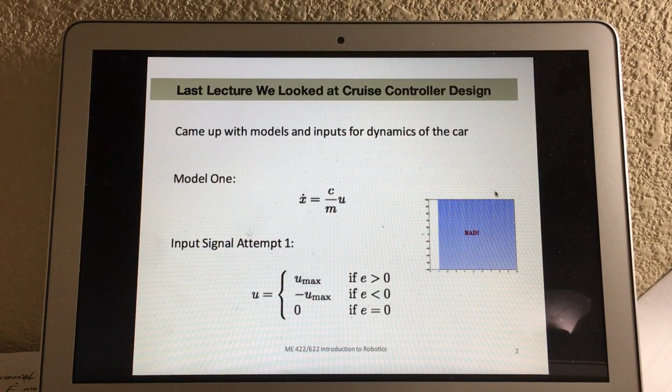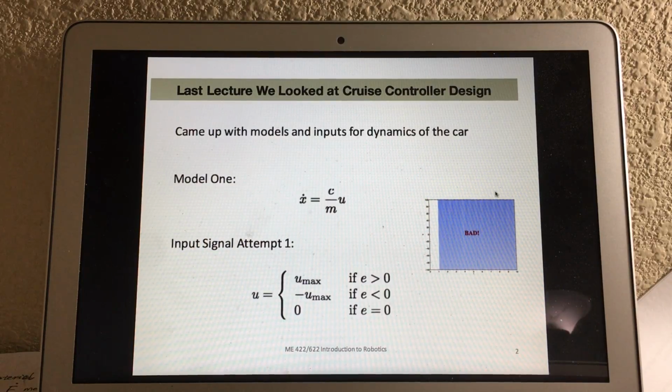So we tried the first attempt. We set the input where the error, which is the difference between the target speed and the state variable, which is the real velocity of the car, whenever this is bigger than 0, we have u set at a constant value, which we denote as u max, which is the maximum gas pedal pressing you can get, or the maximum brake you can get.